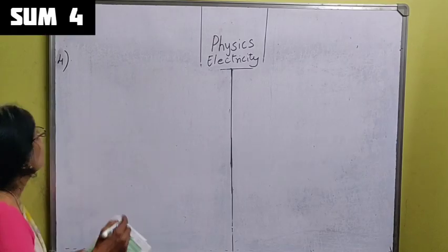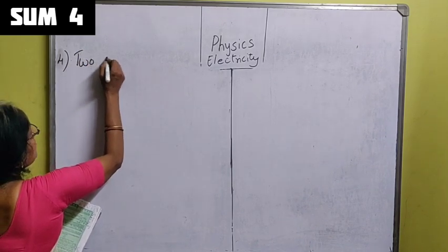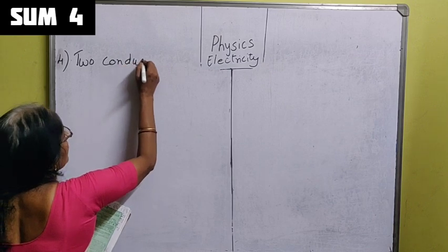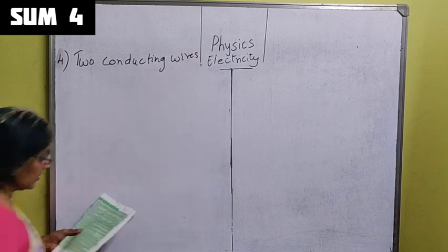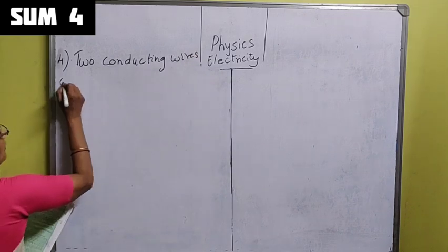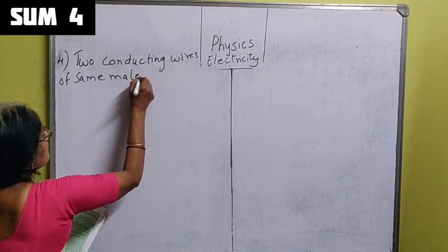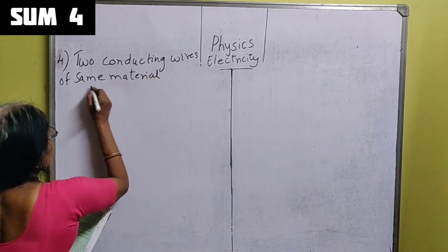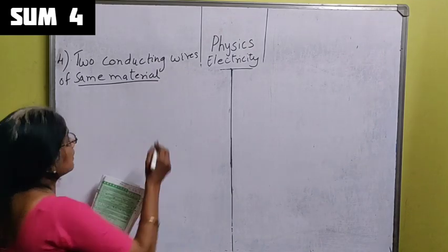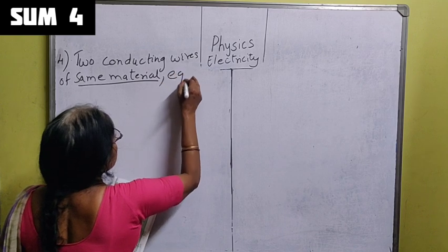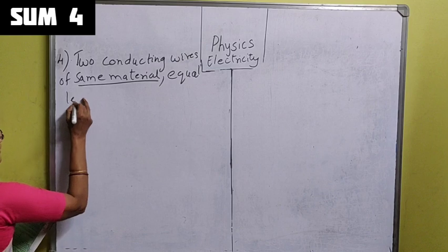Now we will see sum number 4. What is given in sum number 4? Let us see. 2 conducting wires. So there are 2 wires of same material, very important, same material, equal lengths.